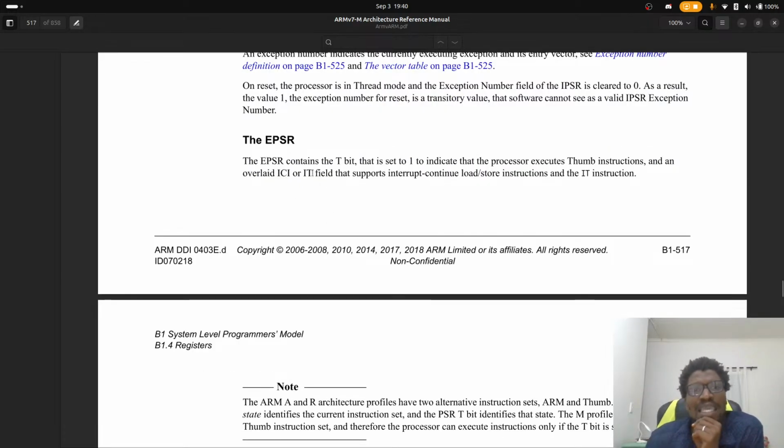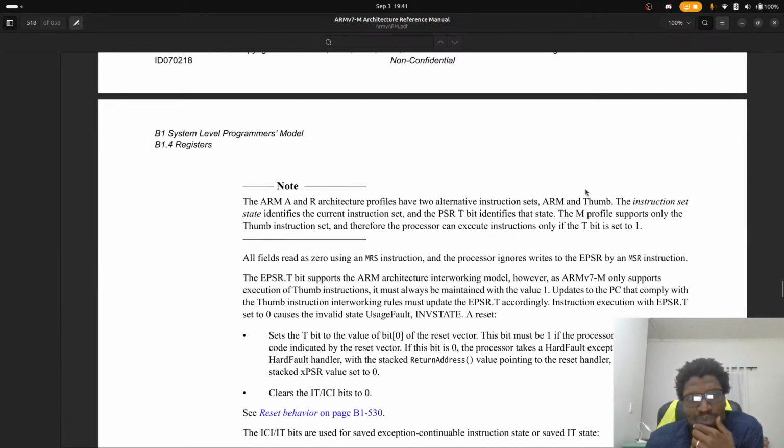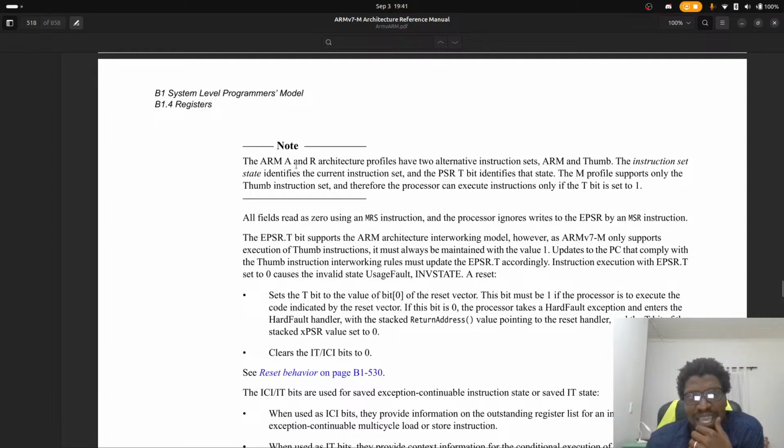But the EPSR contains a T bit that is set to 1 to indicate that the processor executes thumb instructions, and an overlaid ICI or IT field that supports interrupt-continue load/store instructions and the IT instruction. So the ARM A and R architecture profiles have 2 alternative instruction sets, ARM and thumb. The instruction set state identifies the current instruction set, and the PSR T bit identifies that state.